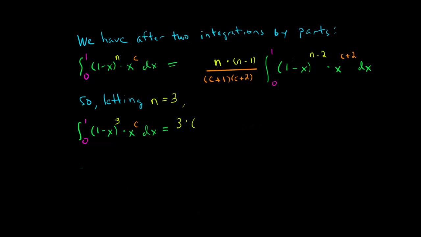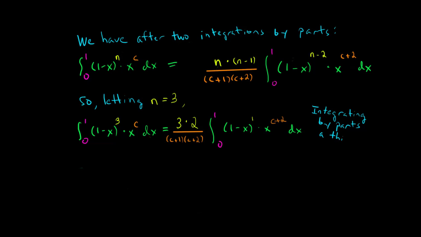equals 3 times 3 minus 1, which is 3 times 2, over c plus 1 times c plus 2 times the integral from 1 to 0 of 1 minus x quantity to the 3 minus 2, which is just 1, to the x to the c times x to the c plus 2 dx. And then we just have to do one more round of integration by parts to see what this integral ultimately equals.